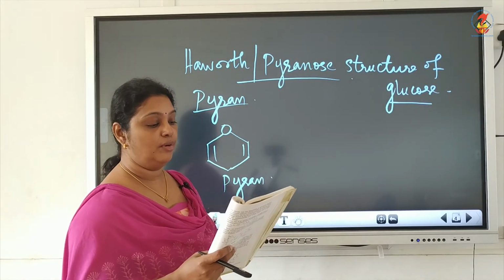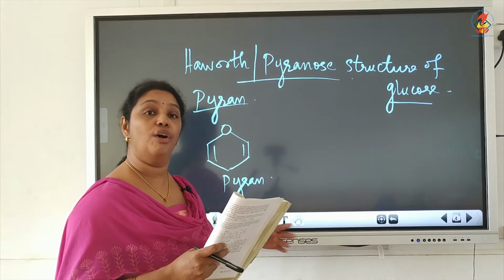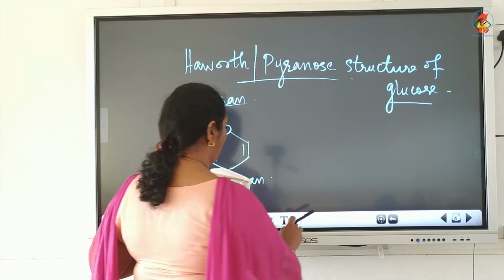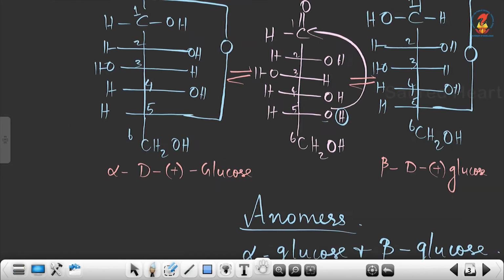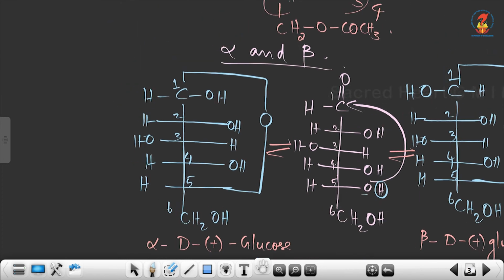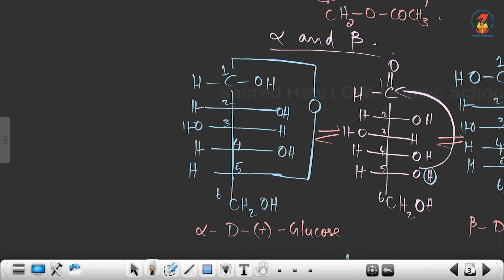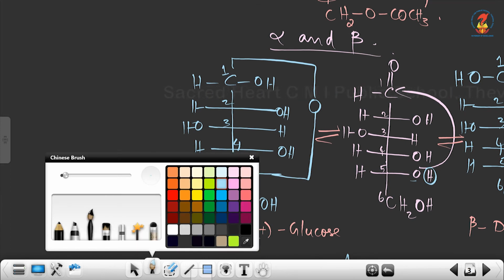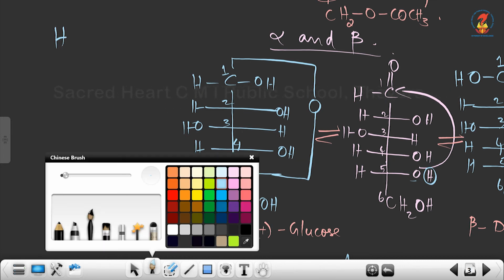Okay, so I am going to show the cyclic structure of glucose in the form of the pyranose structure or Haworth structure. So we will have the Haworth structure for alpha D glucose and the Haworth structure for beta D glucose. So this is the Haworth structure which I am going to draw.